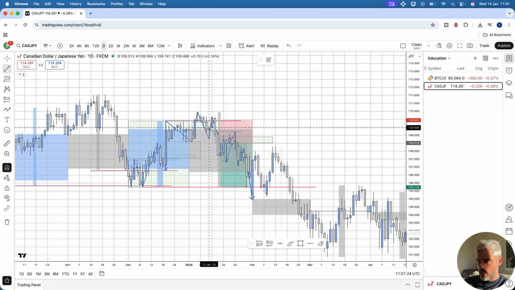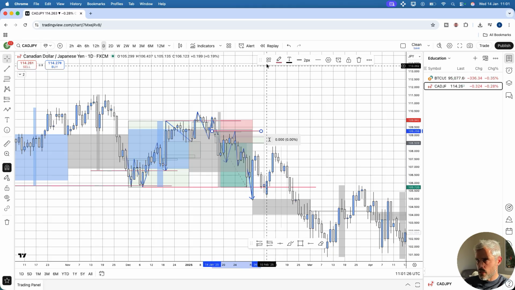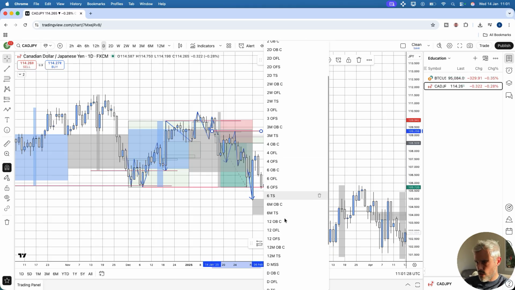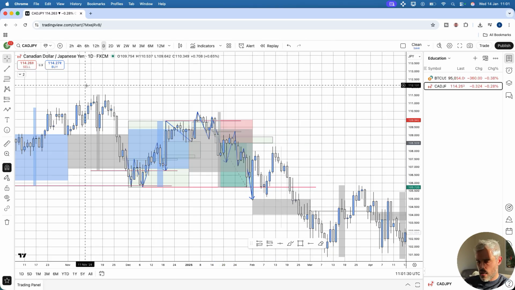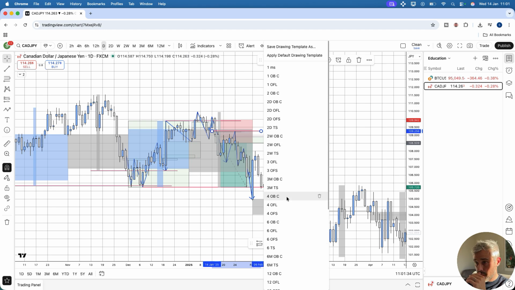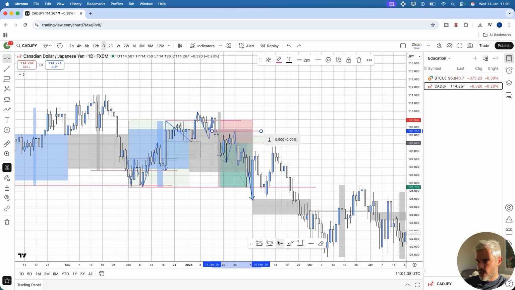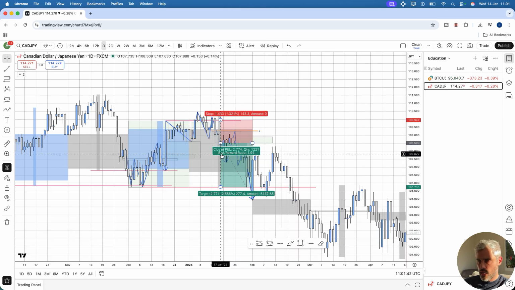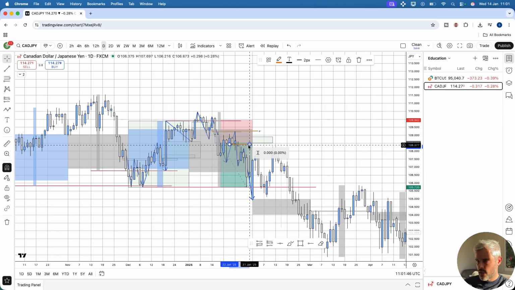And just to mark these on right here, check out my other videos on order blocks and breaker blocks and fair value gaps to understand points of liquidity in the chart. But right here we can mark the daily order block, that last buy to sell candle, and then we can do the exact same thing right here.